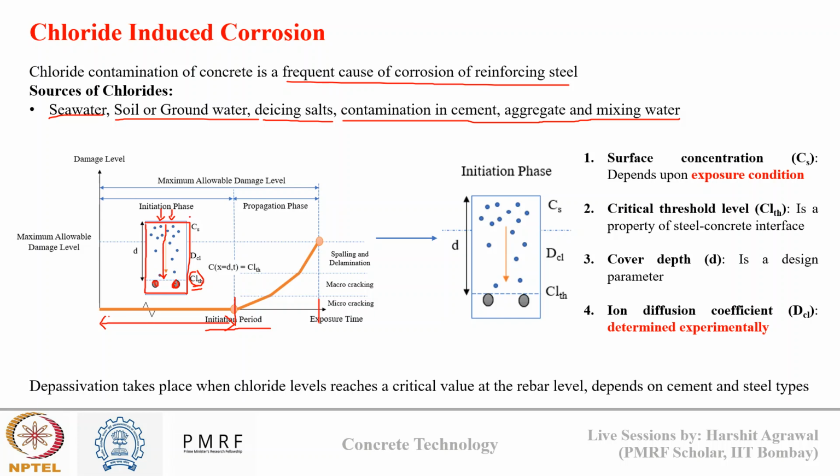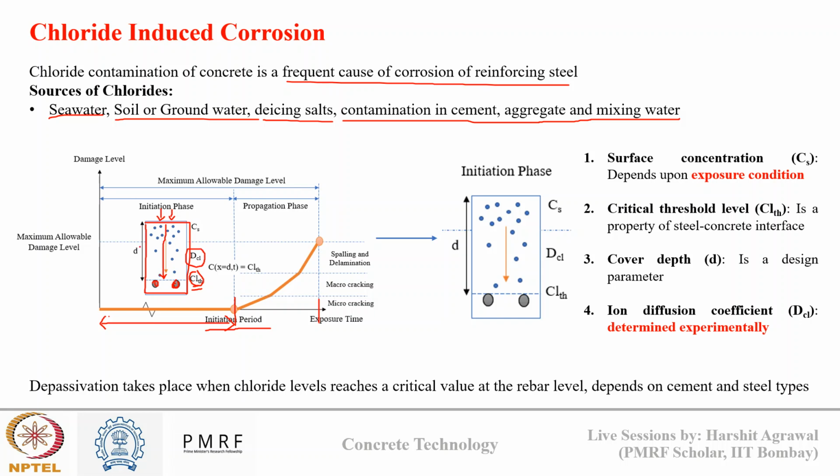So outside there is a high concentration of chloride, inside there is a low concentration of chloride. So what will happen? Chloride will move from higher concentration to lower concentration due to diffusion, and the rate at which this chloride is moving is defined as the diffusion coefficient, which is represented as DCl.